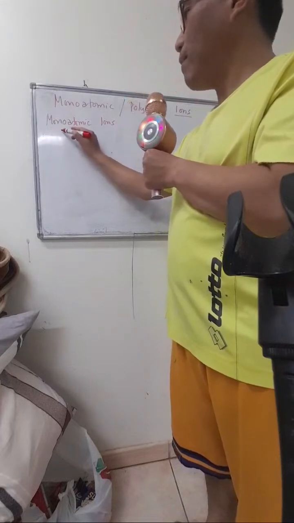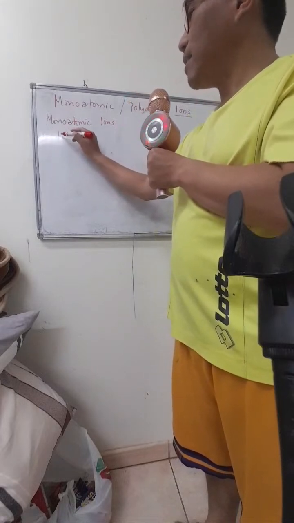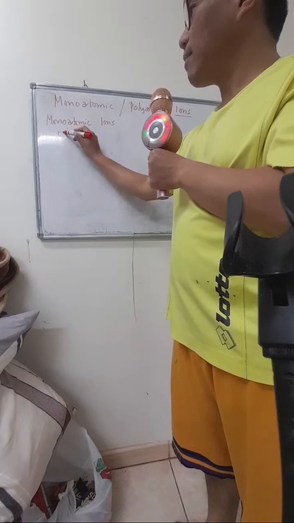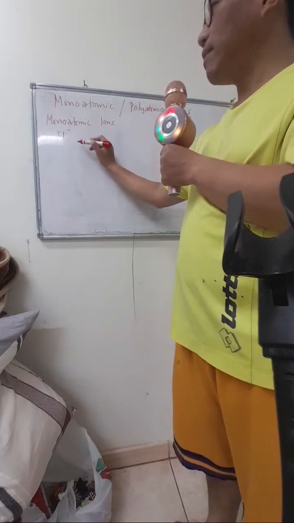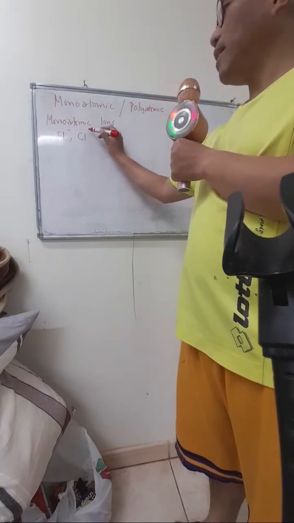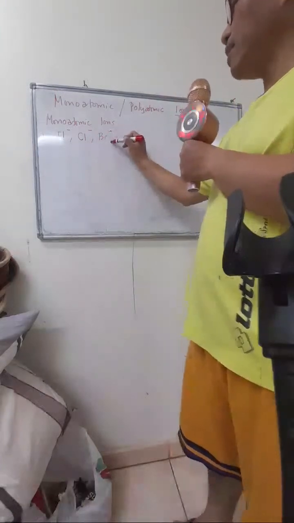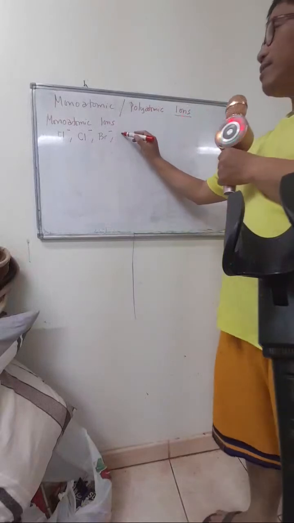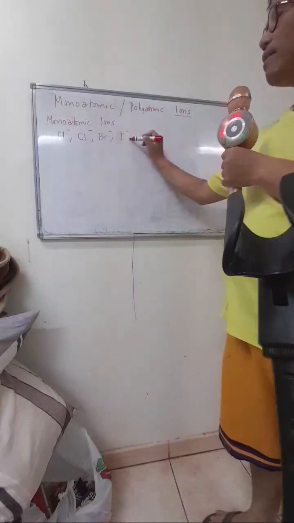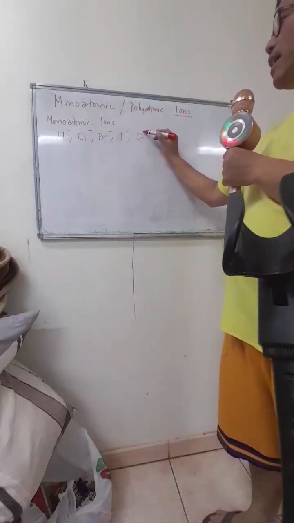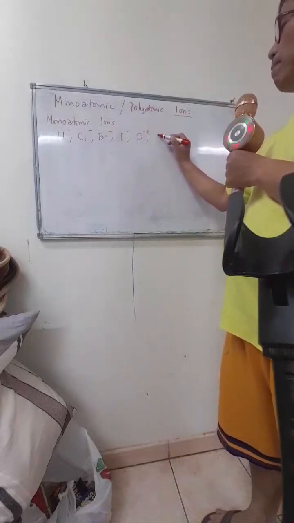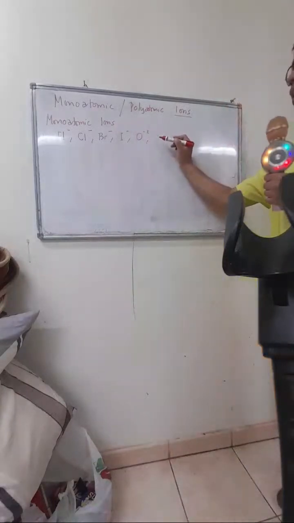So we have fluoride, -1. Chloride, -1. Bromide, -1. Iodide, -1. Oxide, -2. Okay, you get the point.